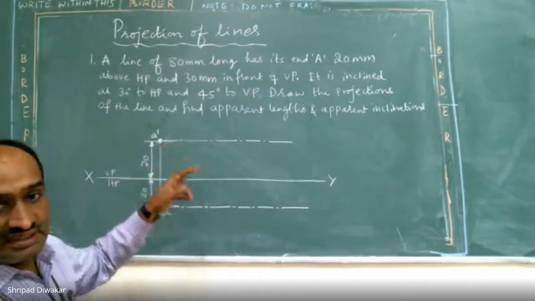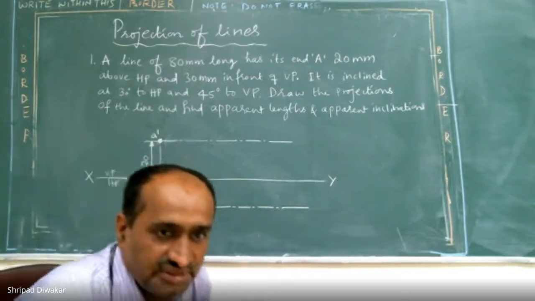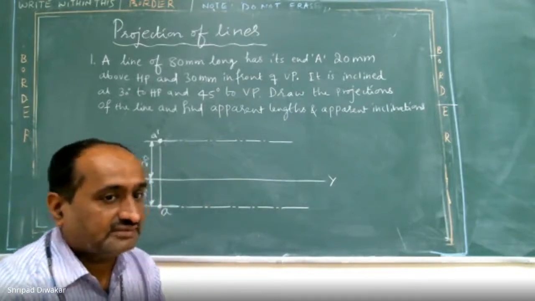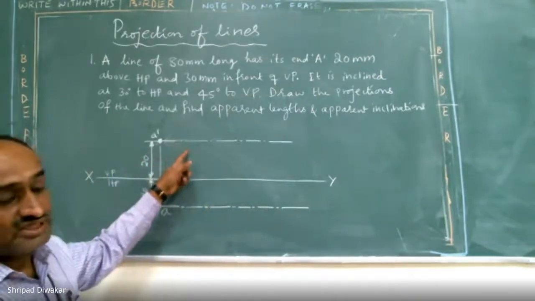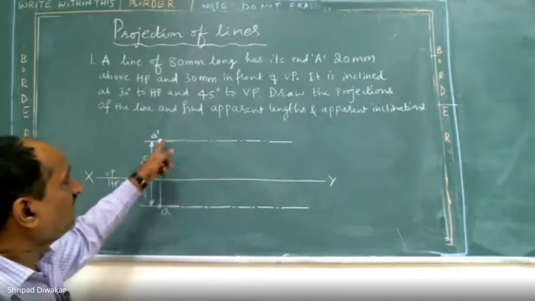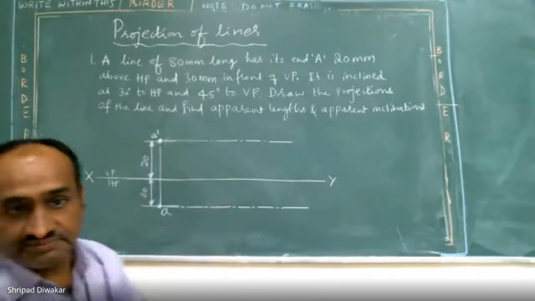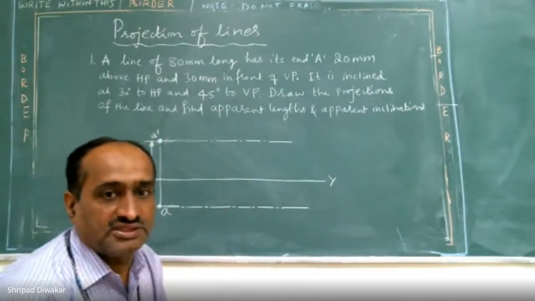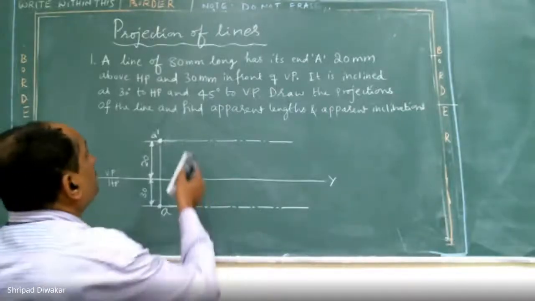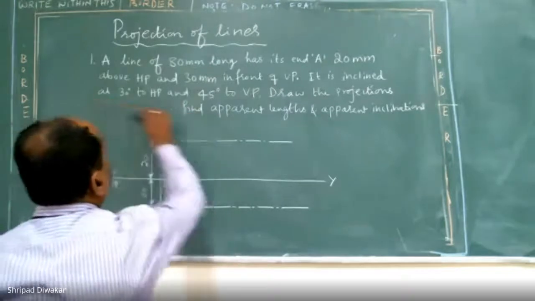Locus line is the line which is passing through the front view and top view of the given point. And notation, you should be very careful while drawing this one. This is a continuous line and this is your chain line. Understood, students? Yes, sir.